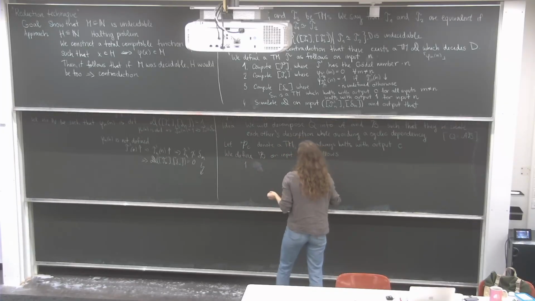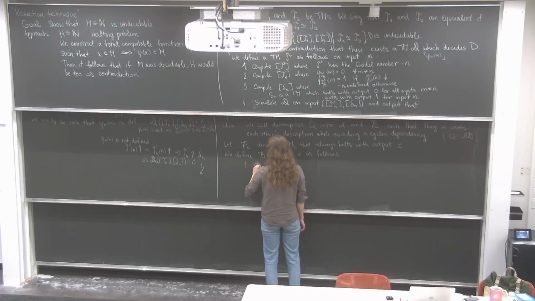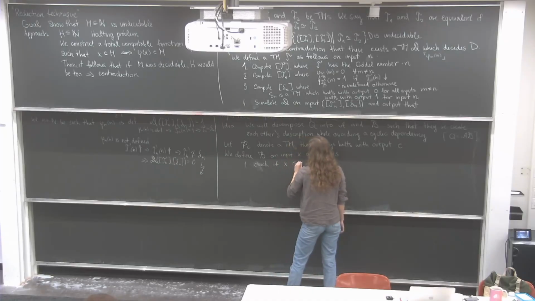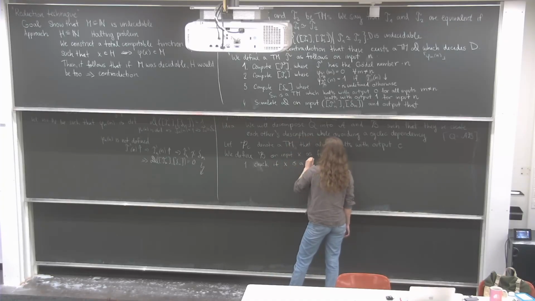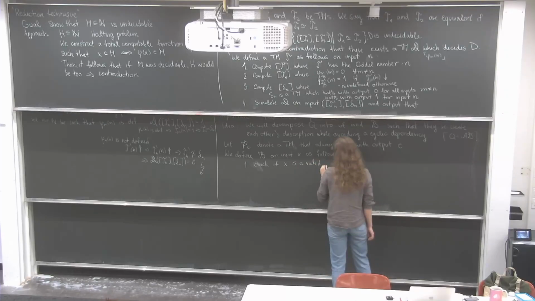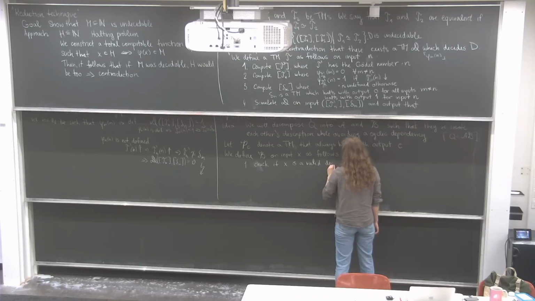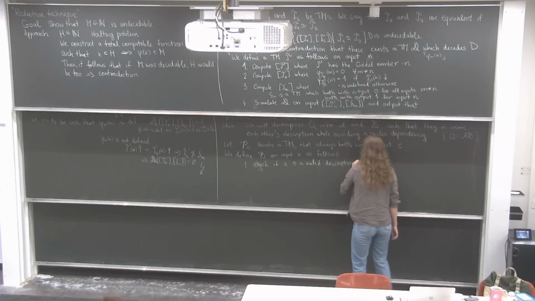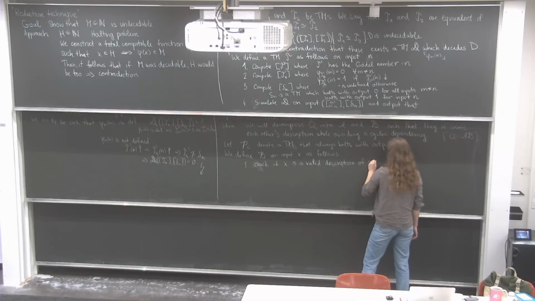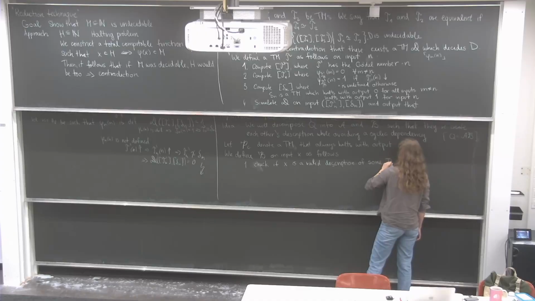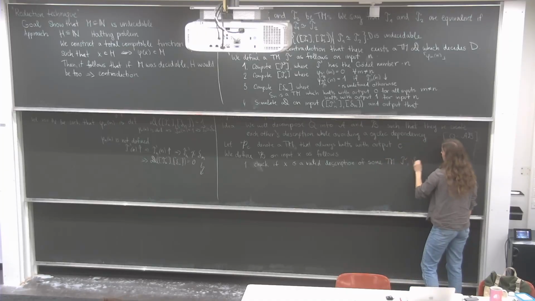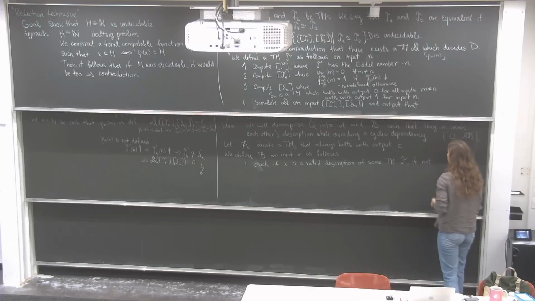So check if X is a valid description of a Turing machine. And if not, just halt. We don't really care what happens in this scenario.